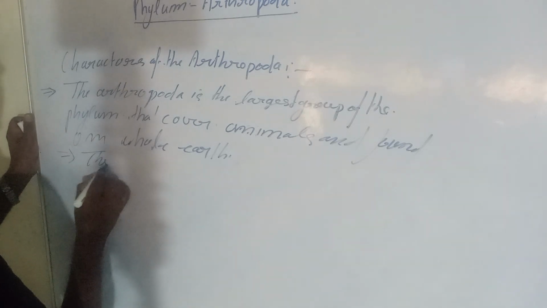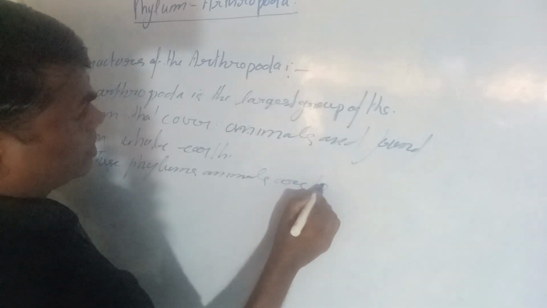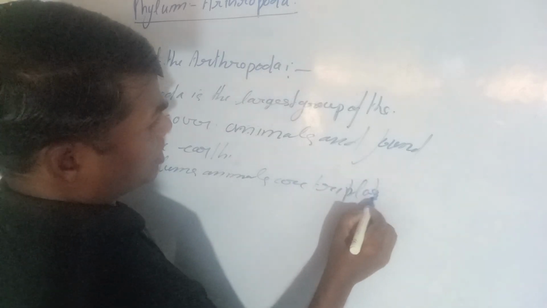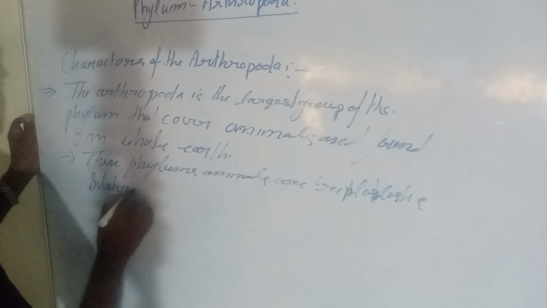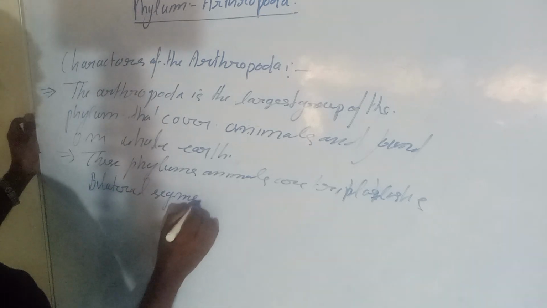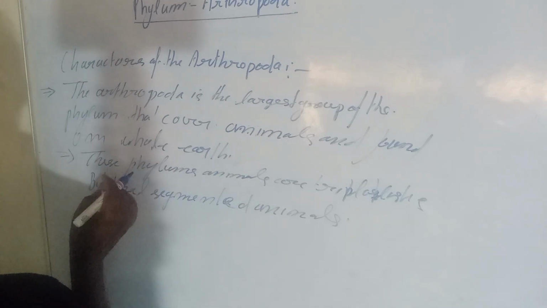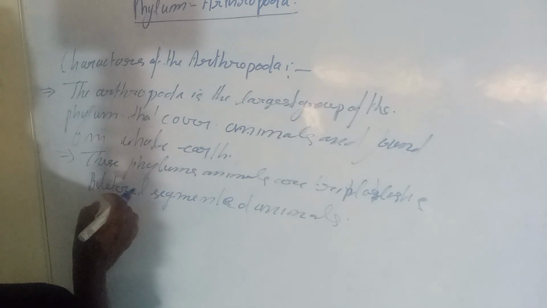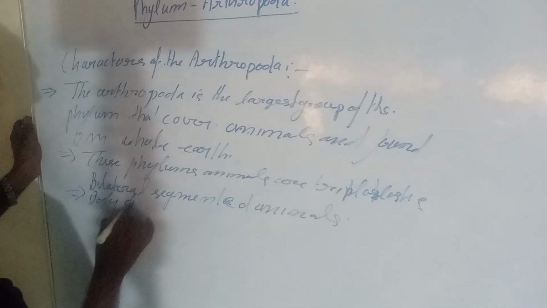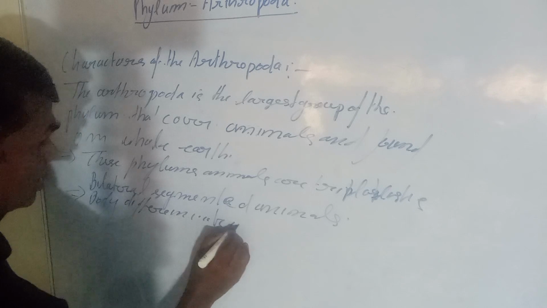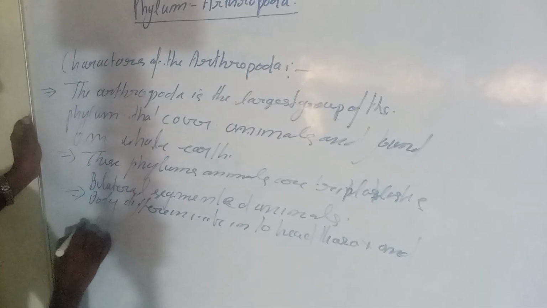These phylum animals are triploblastic, bilateral, segmented animals, and the body is differentiated into head, thorax, and abdomen.